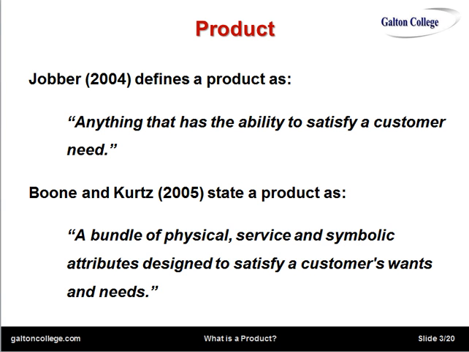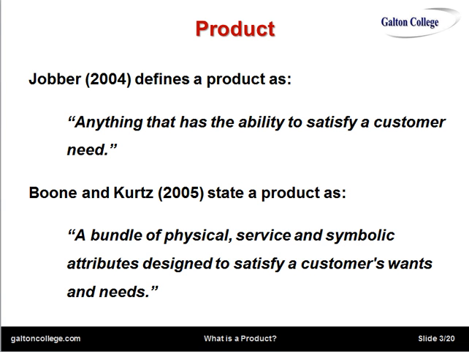Jobber in 2004 defined a product as anything that has the ability to satisfy a customer need. That's what a product is. As to whether, of course, a product is offered for sale is a different matter. Many products may satisfy a customer need, but it would not be viable or profitable to sell them at certain prices.